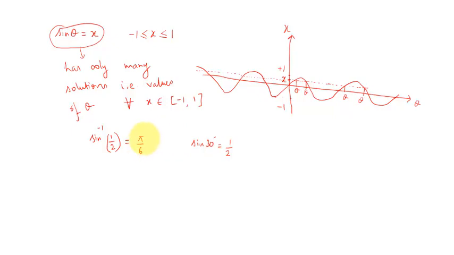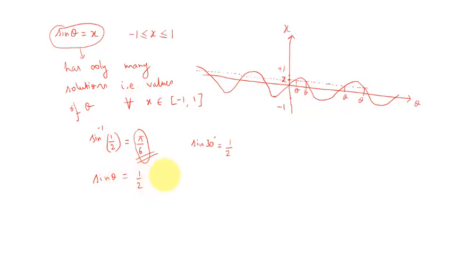So why this particular value? The answer to this question is that this value is out of those infinitely many values of theta for which sine theta is equal to half.